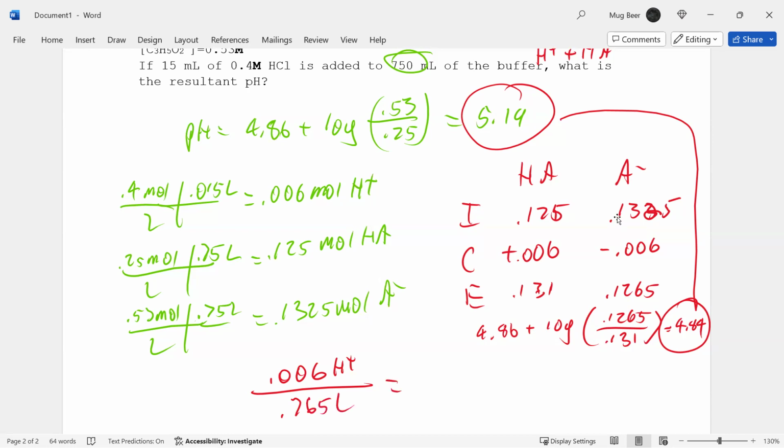So 0.006 divided by 0.765 is 0.007843. And if I take the negative log of that, the pH equals 2.1.